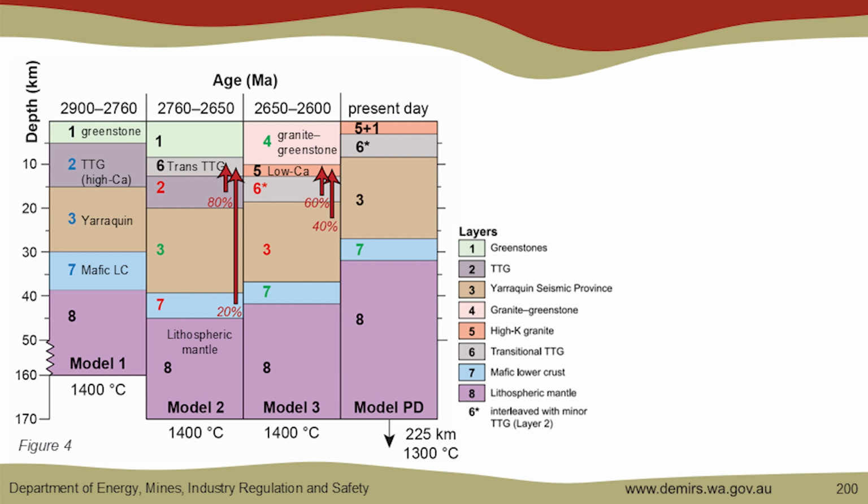And then we get into a really interesting time slice between 2650 and 2600, which is when we have the granite bloom that we see across the Yilgarn. We've got a granite greenstone upper crust, the emplacement of low calcium granites, which again are these radiogenic granites, which we know are derived from the underlying transitional TTGs and the Archean.